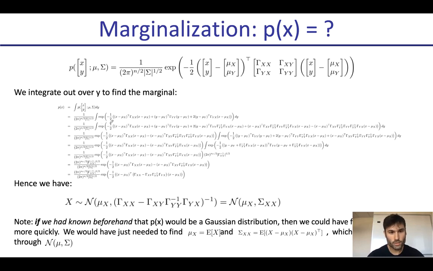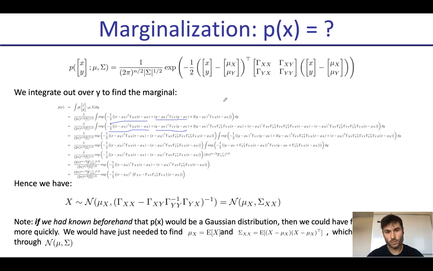So the first term doesn't depend on y, so we'll just completely ignore it. And the second term, we already have some sort of quadratic term, right? But this is not quite what we want, because we don't know what to do with this other term over here. So these two terms will just stay as they are. And essentially what we will do now is the completion of squares trick, but in higher dimensions.